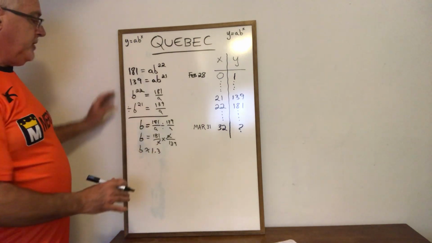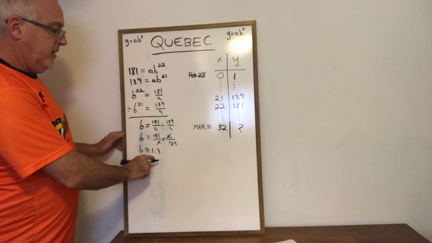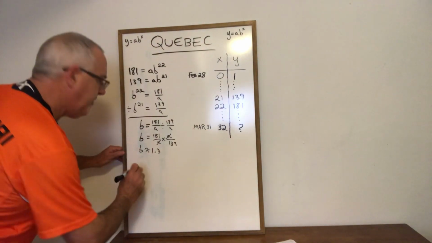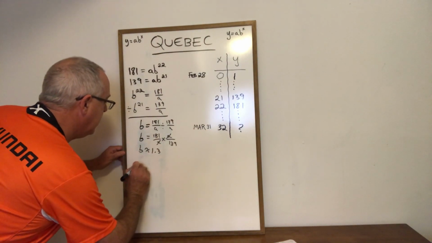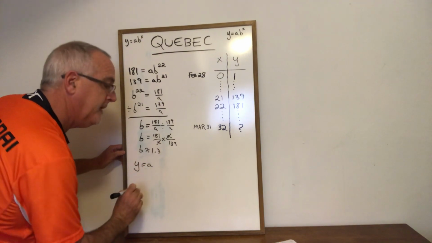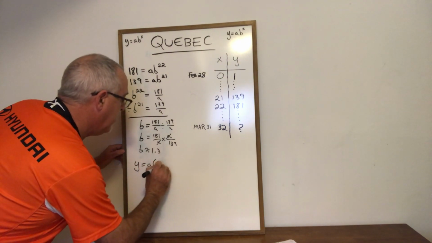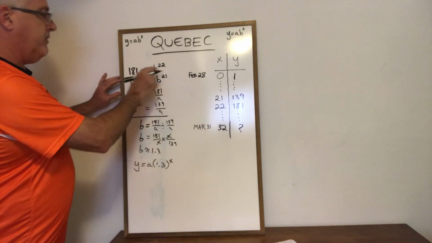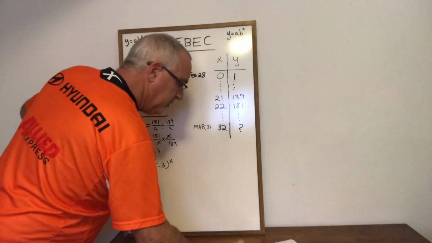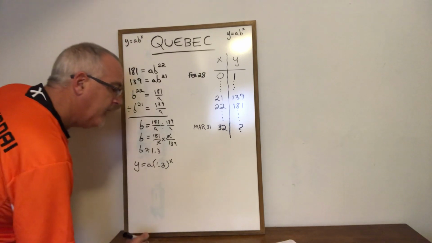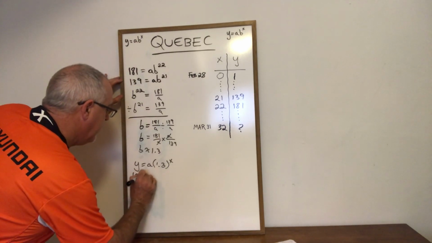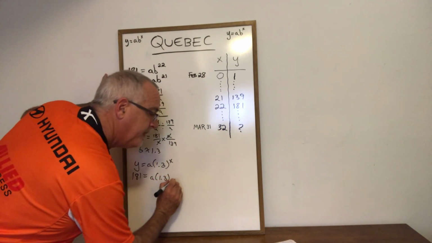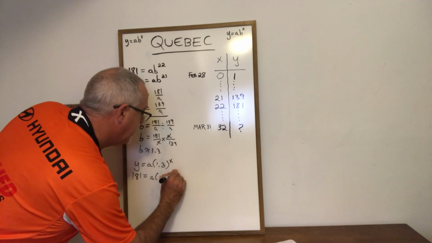It's an approximation. And now that I know my b, I'm able to use it to help me find my a. I can write my equation now as y equals a times 1.3 to the x, and then plugging in one of the points from the table of values, 181 equals a times 1.3 to the 22.